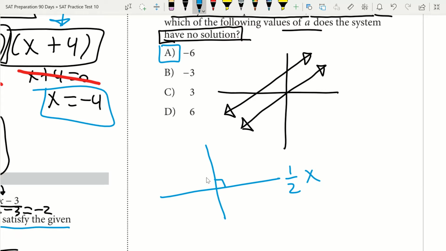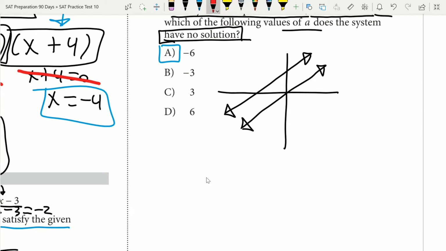Well then the slope of this line going down, I'll put it in red, since it's a perpendicular line, has to be the reciprocal with the opposite sign, so -2x. So you see that we flip that 2 and that 1 around, and then we also change the sign from a positive to a negative. So that's how you deal with perpendicular lines as well. I just wanted to add that in there.